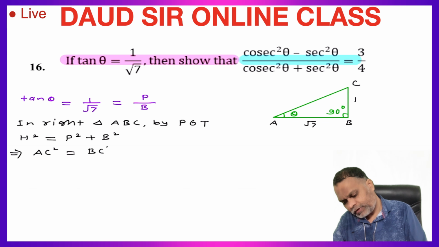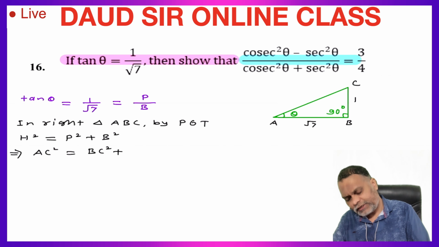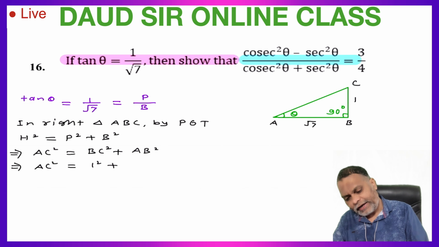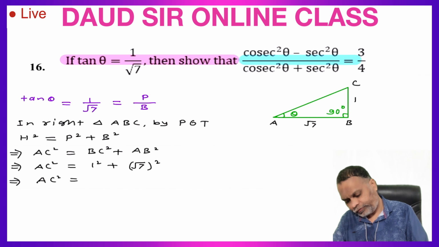Perpendicular is BC, so BC square, and base is AB, so AB square. AC is missing, so AC square, BC 1, so 1 square, and AB is under root 7, so under root 7 square, which implies AC square is equal to 1 square 1, root 7 square 7, which implies AC square is equal to 8.